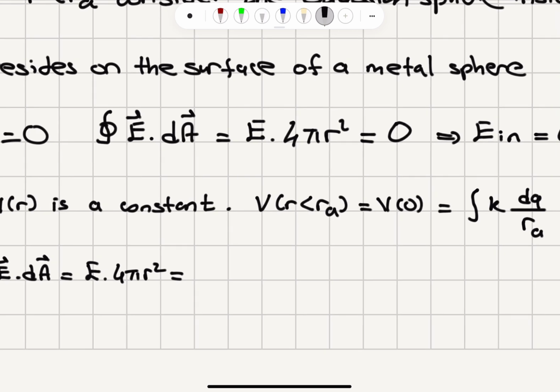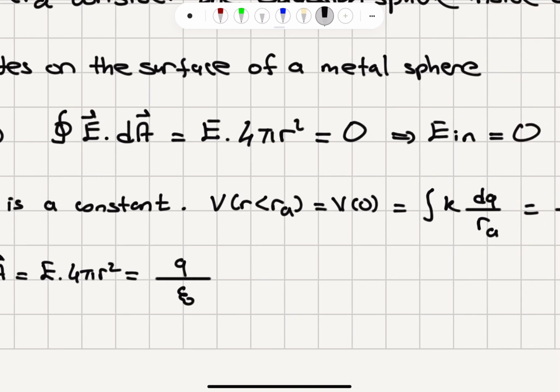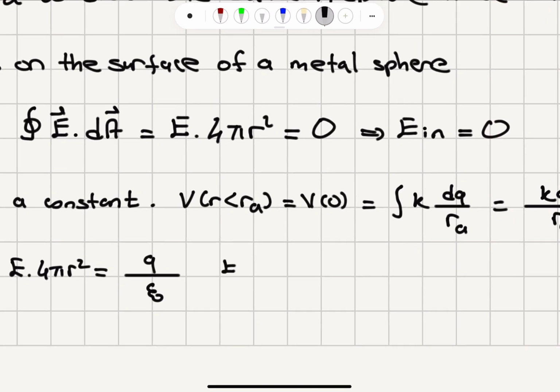Charge enclosed is q divided by epsilon 0. So I will find that there is an electric field which is kq over r squared, in the r hat direction due to the positive charge.